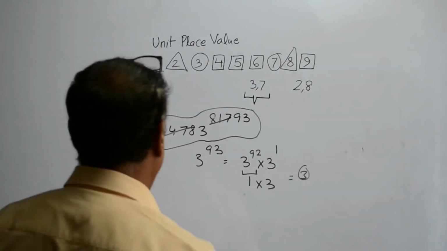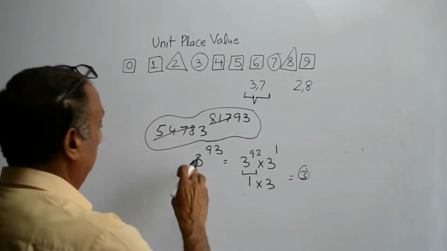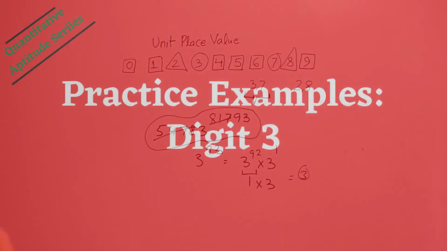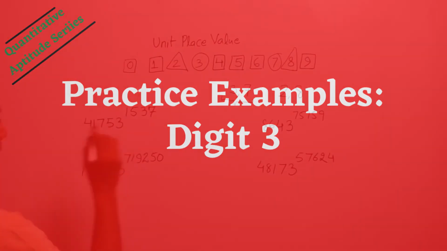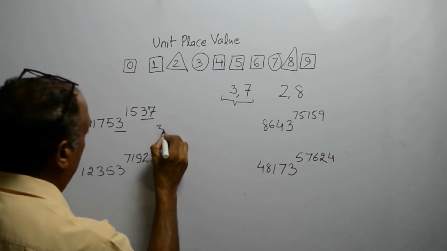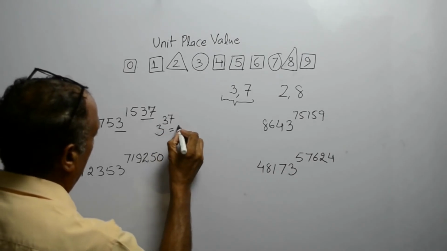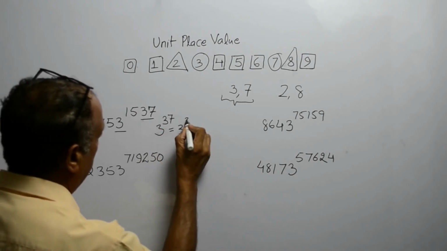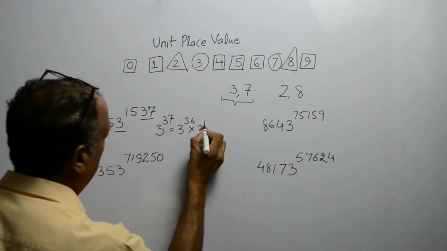Now let us solve some problems where the last digit of the number is 3. Here we need to find out the solution of 3 raised to power 37, which is equal to 3 raised to power 36 multiplied by 3 raised to power 1.